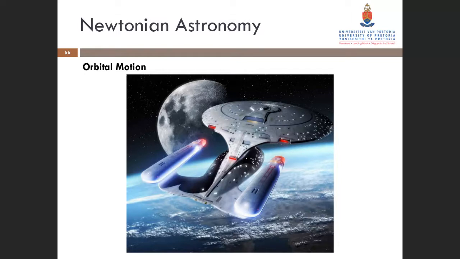So let's all imagine we are on the Enterprise and you ask the helmsman to put us in a stable orbit. What is he actually doing? So what is he programming the computer to do with the ship's engines?